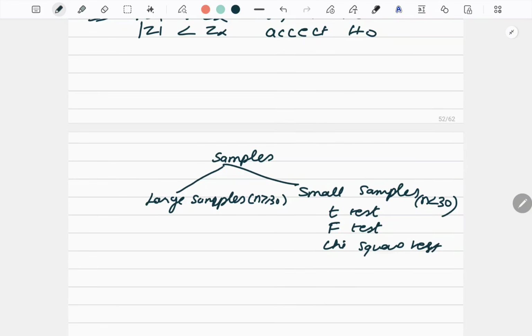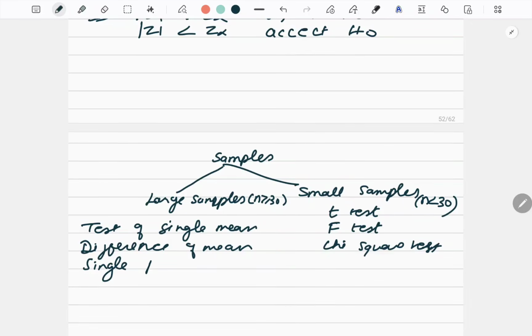In large sample, I have test of single mean, difference of means, single proportion, and difference of proportions.